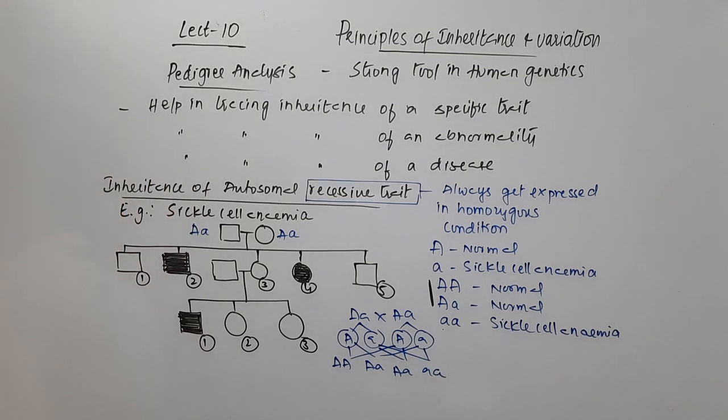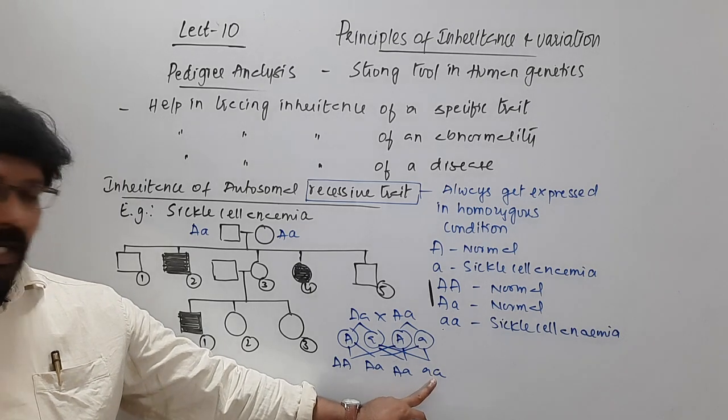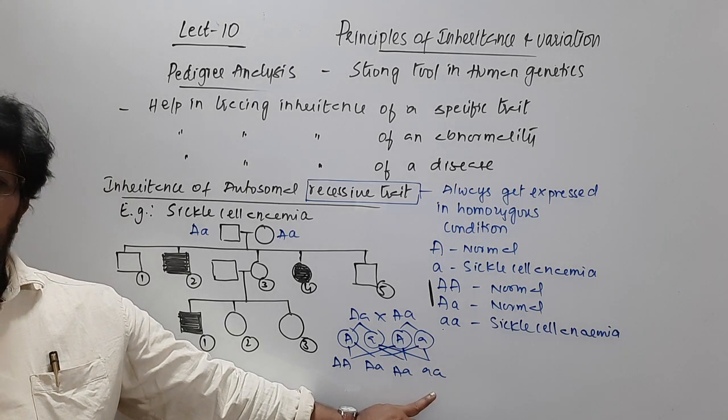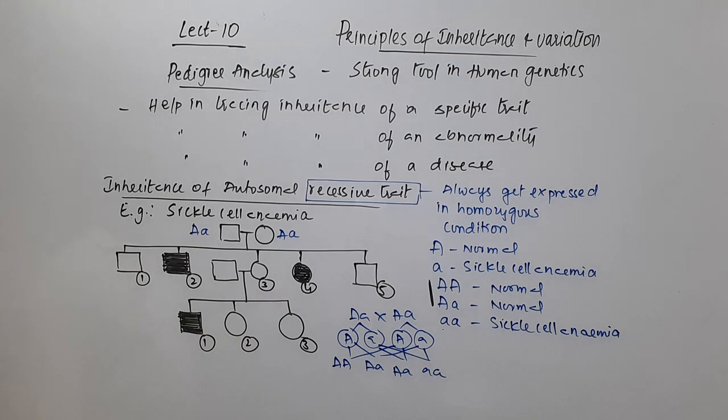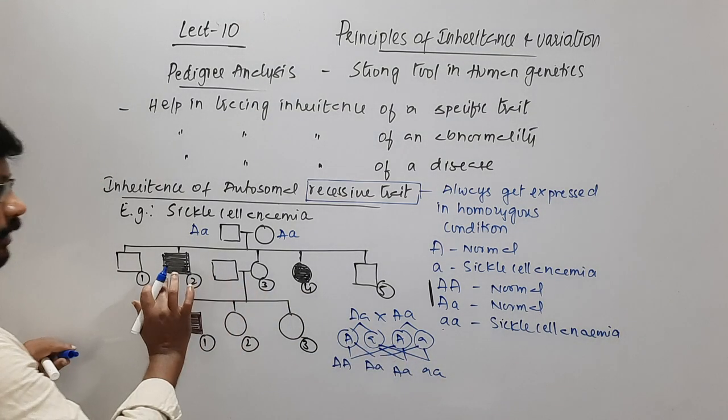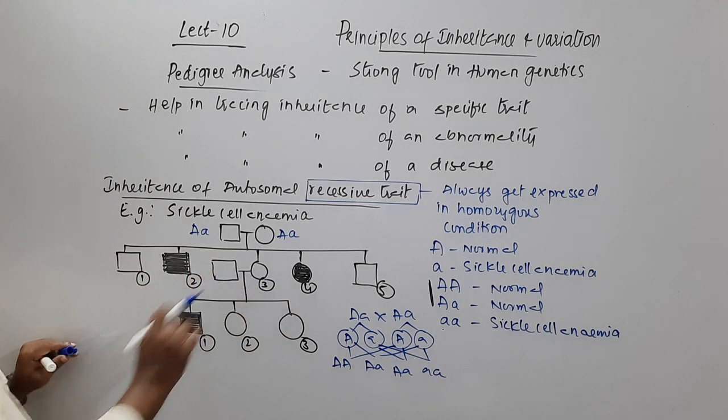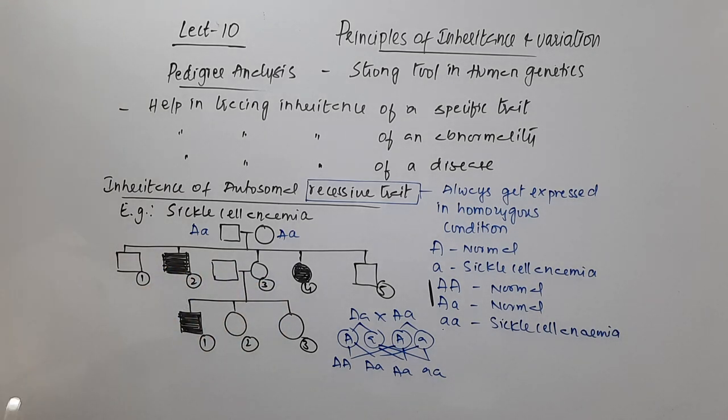So there is a 25 percent chance of sickle cell anemia in their children. This is what we have seen in one son and one daughter out of five children.